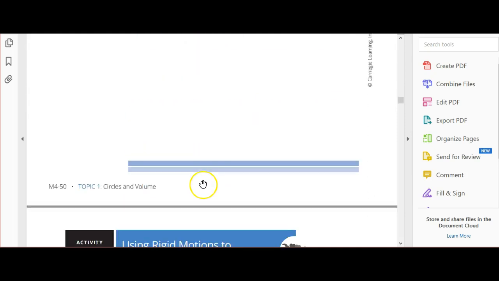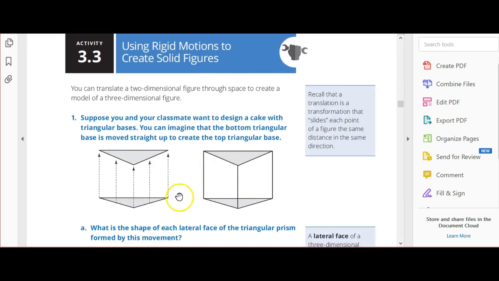Okay? All right. And here we have them not stacked, but translated, right? So translating, you can see this triangle starts out as a base. It gets translated through space. It ends up here, up above. Now the bases, top and bottom, are congruent, and that forms a triangular prism.